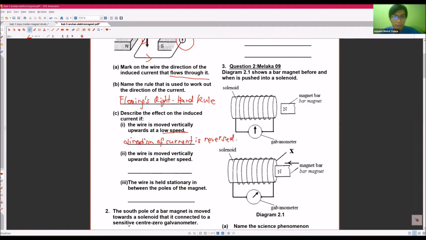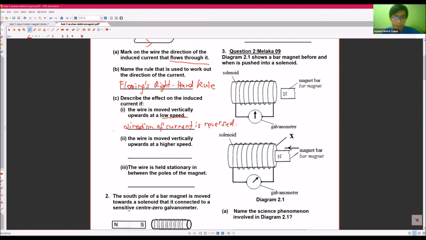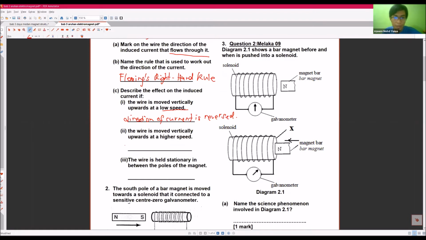The wire is moved vertically upwards at higher speed. The current is reverse and of bigger magnitude. So this is Faraday's law.